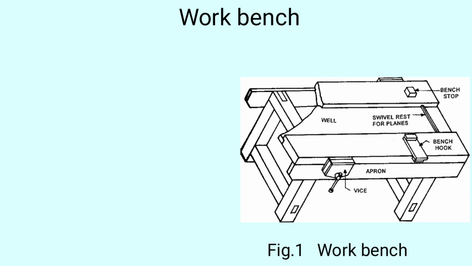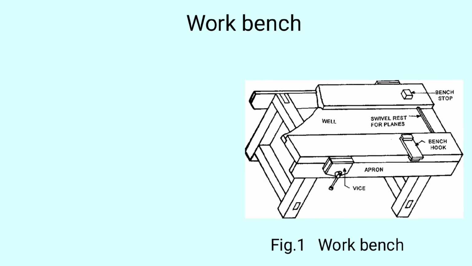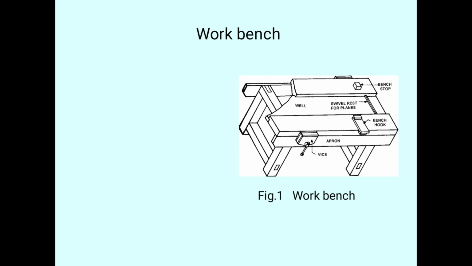There is a vise here, that is a bench vise, an apron, a bench hook, a bench stop, and a swivel rest for planes. These holding tools are assembled on the workbench.